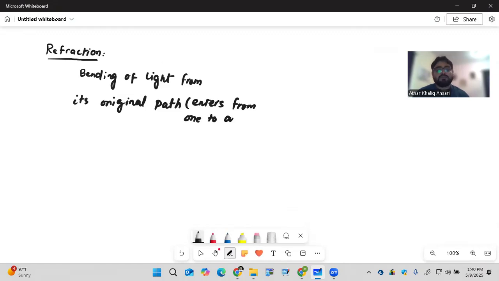Okay, the problem here is, why does light bend? It's because of a physical quantity. We now name it as refractive index.